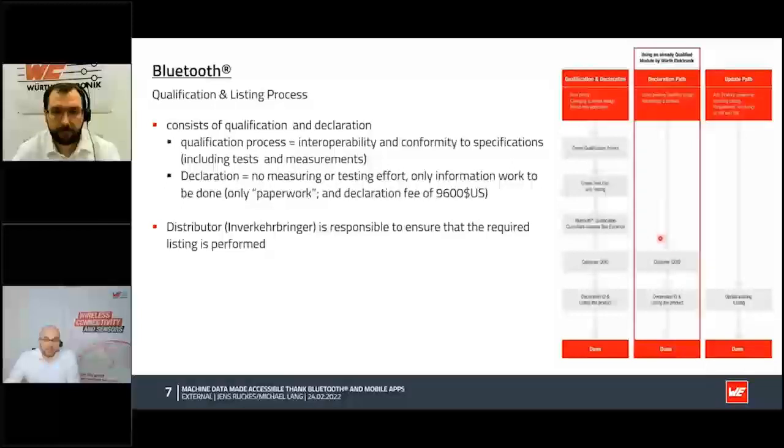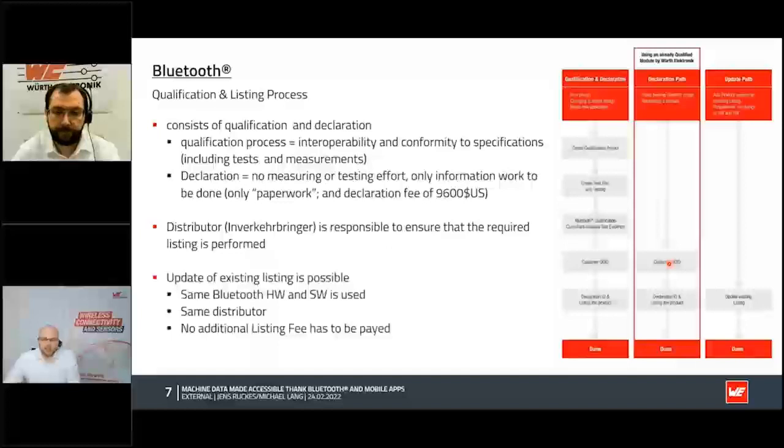So you take the QD ID, and then you relatively fast get this listing ID, and then it's easy to use it.